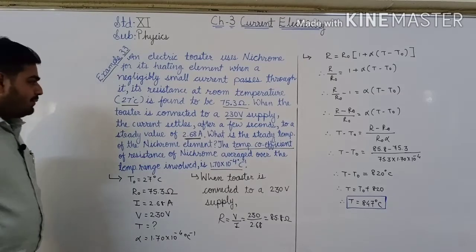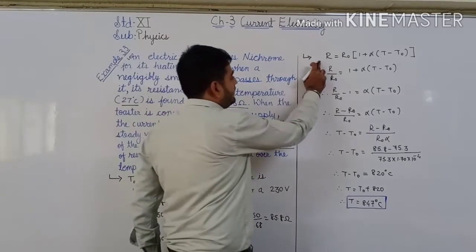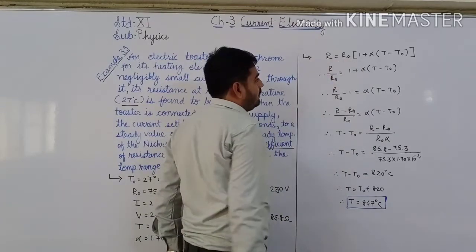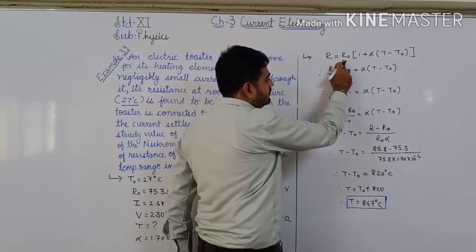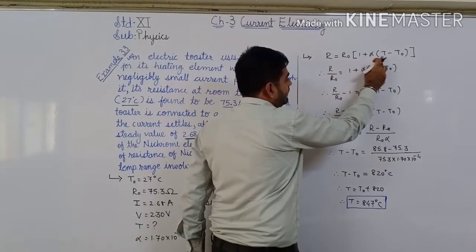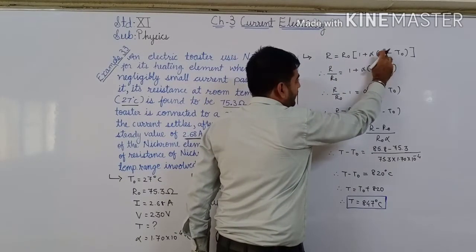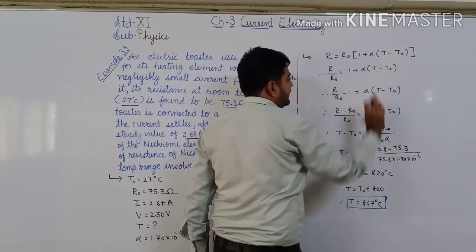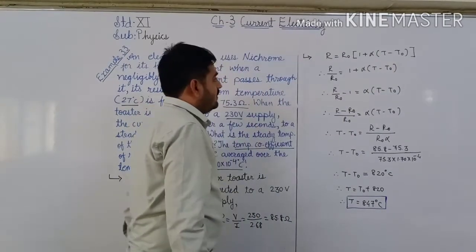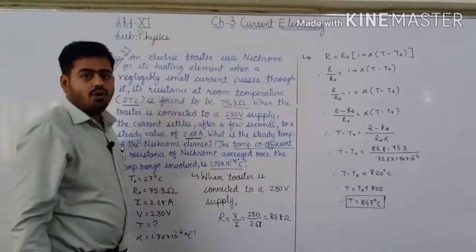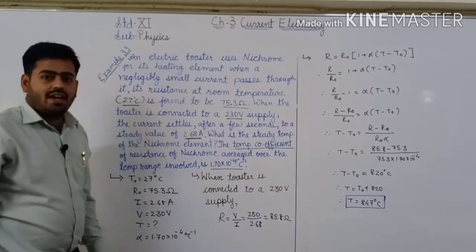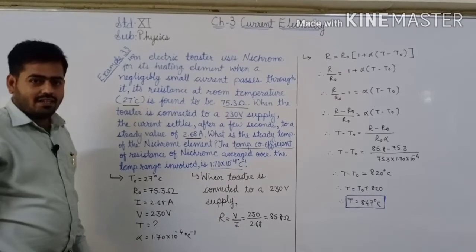We know the formula of resistance R, that is R is equal to R naught 1 plus alpha T minus T naught. R naught is available to us, the value of alpha is given, the final temperature we have to find, and the reference temperature is given to us. But first of all we have to find R. What is the value of resistance at the steady value of electric current?